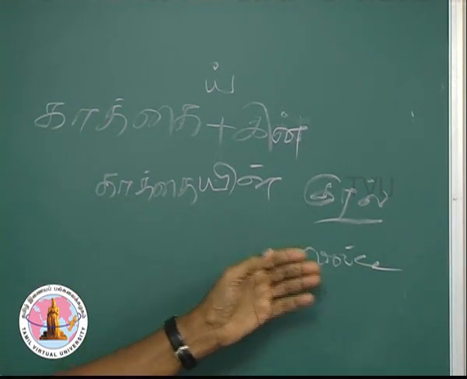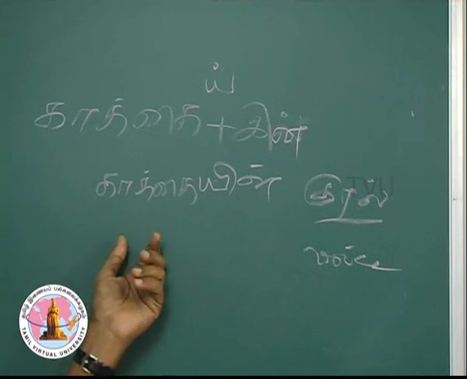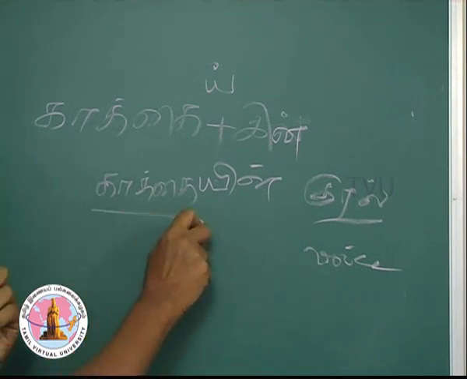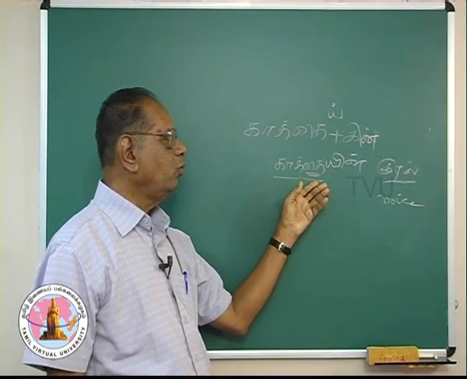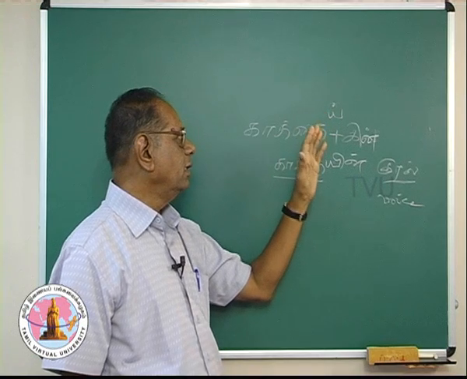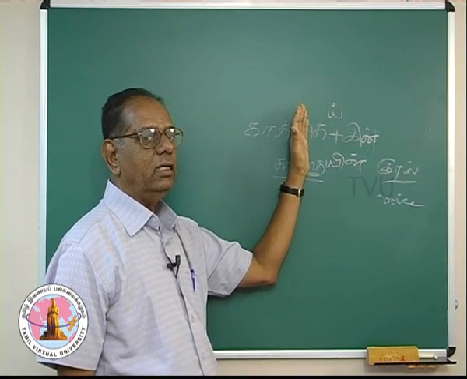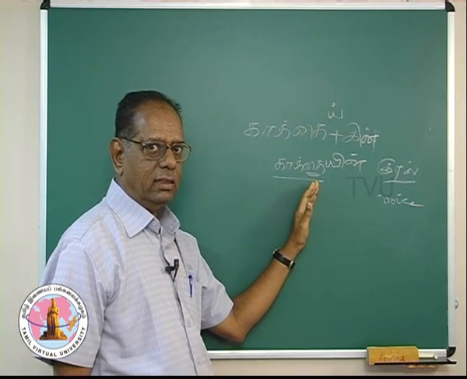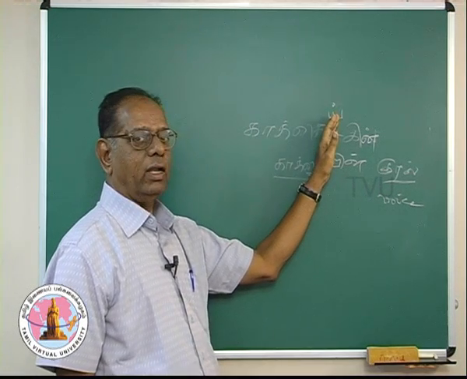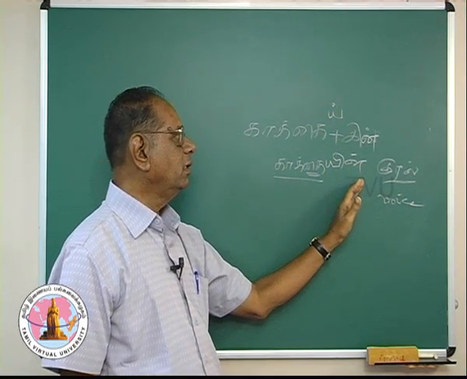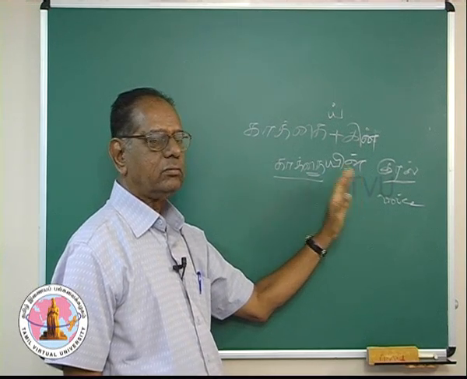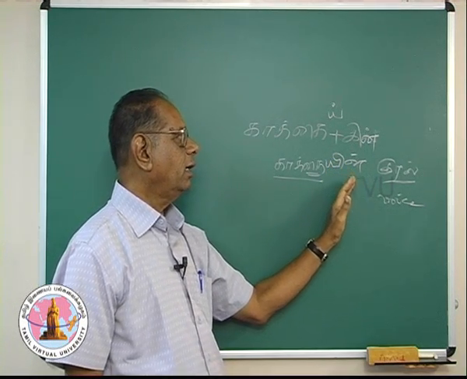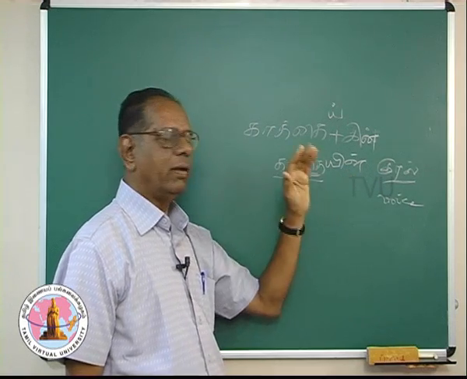Kakkayin koral, the voice of the crow. This word ends with I. We saw this rule long back. Words ending with E and I will take a semi-vowel if they had to be conjugated with or combined with a vowel.